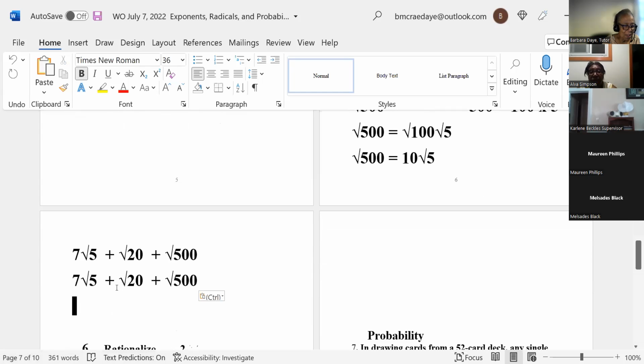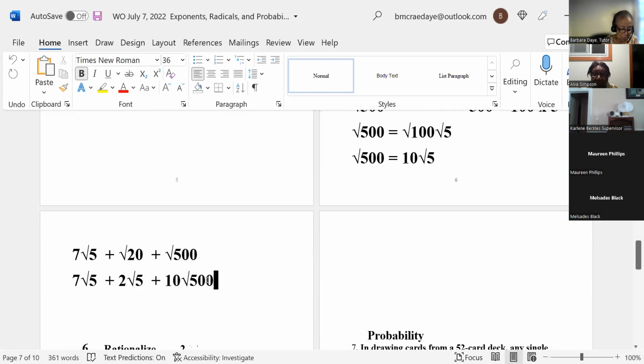So now this becomes 2 times the square root of 5, because you saw where I translated that, right? The 500 is 10 times the square root of 5. So this is 10 times the square root of 5.